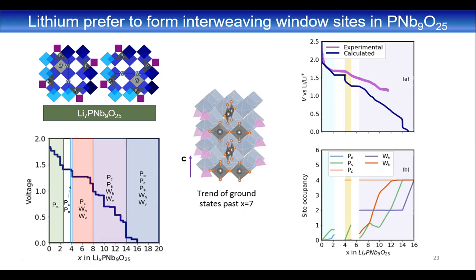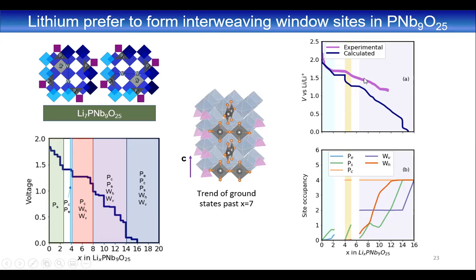And I swept through a bunch of chemical potentials at 300 Kelvin, and used that to figure out what the voltage would be at 300 Kelvin using my DFT data.